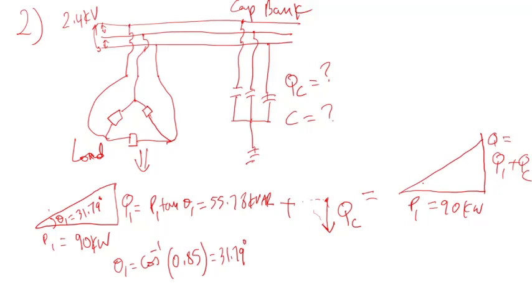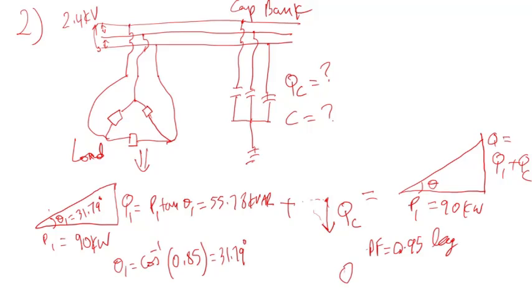So this is the power factor that I'm trying to arrive at, the desired power factor that we were trying to correct to, which is 95%. So its power factor is 0.95 lagging.